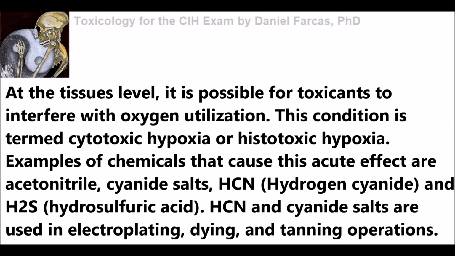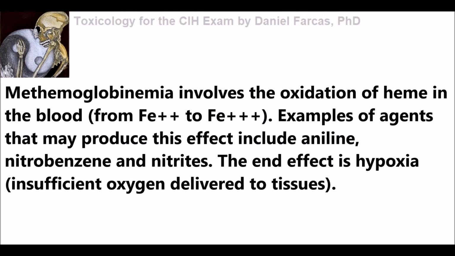Examples of chemicals that cause this acute effect are acetonitrile, cyanide salts, hydrogen cyanide, and hydrosulfuric acid. Hydrogen cyanide and cyanide salts are used in electroplating, dyeing, and tanning operations.